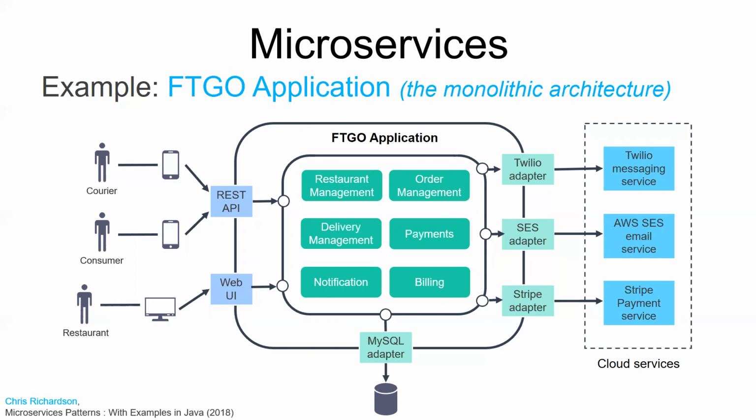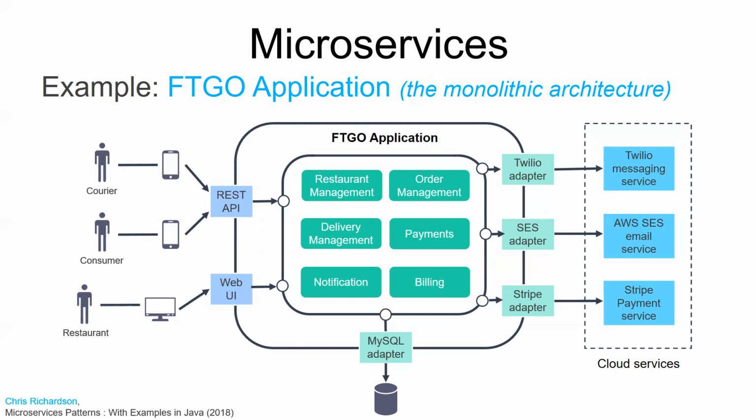FTGO, which stands for Food to Go, is an online food delivery company. Basically, consumers use the Food to Go website or mobile application to place food orders at local restaurants. Food to Go coordinates a network of couriers who deliver the orders.